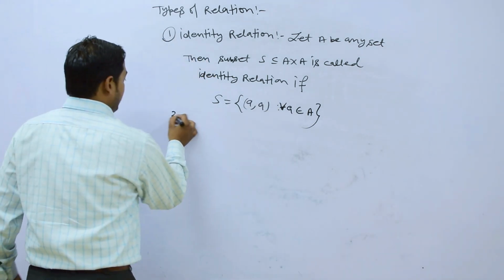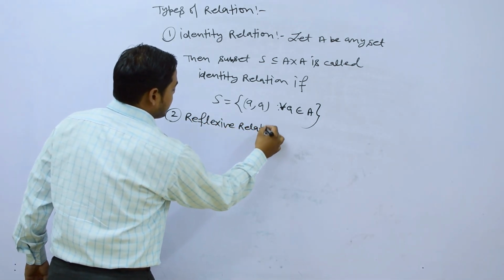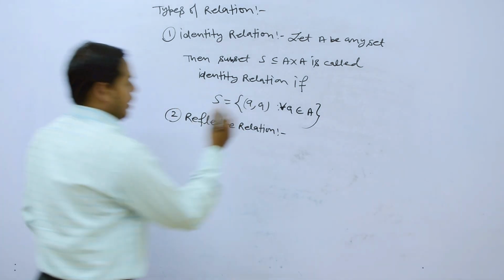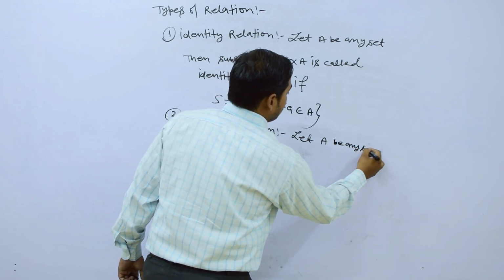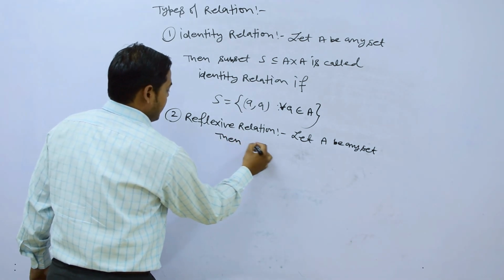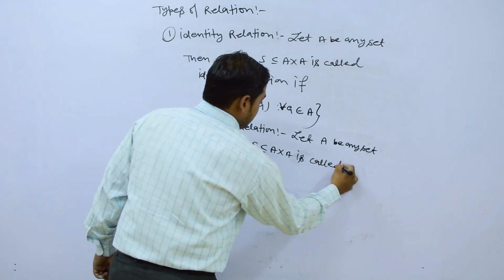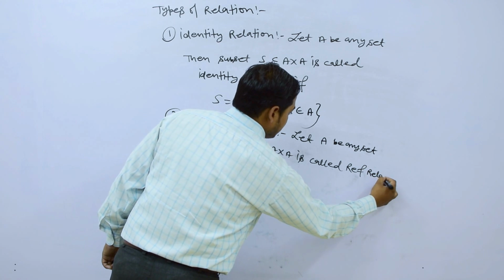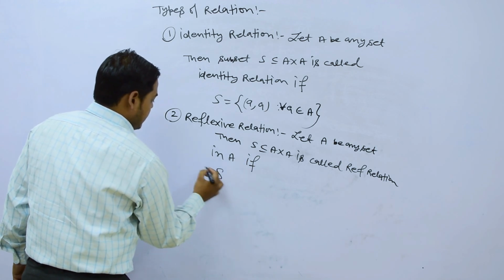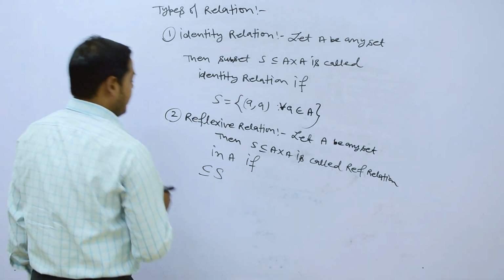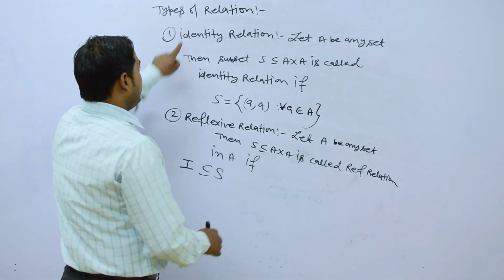Now second, we know reflexive relation. Here we define, let A be any set. Then S, which is a subset of A cross A, is called a reflexive relation in A if S contains I, where I is the identity relation.